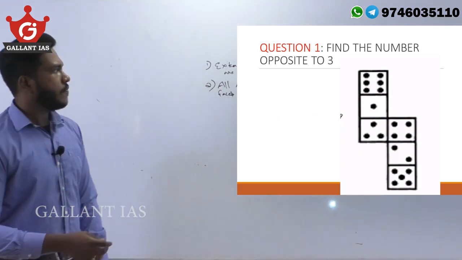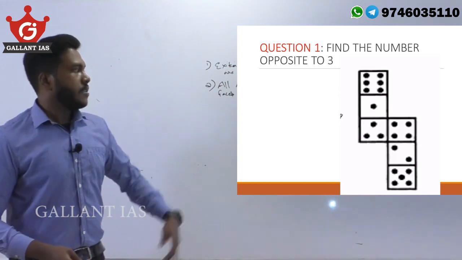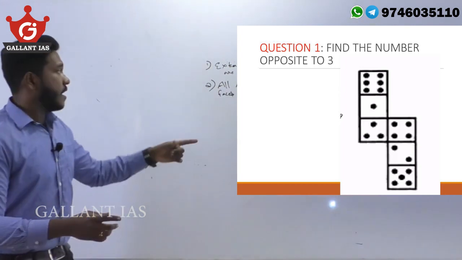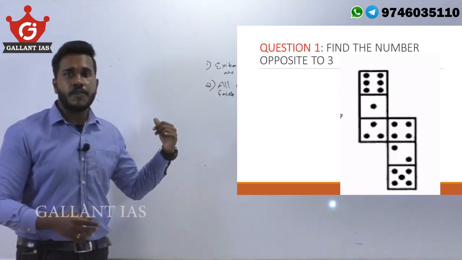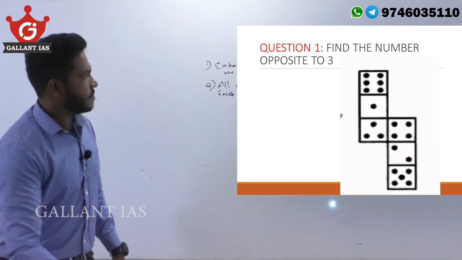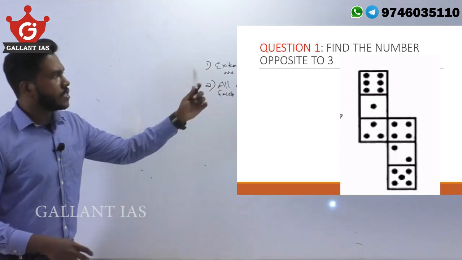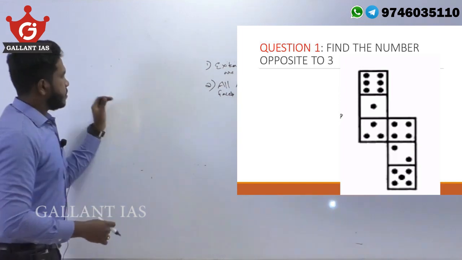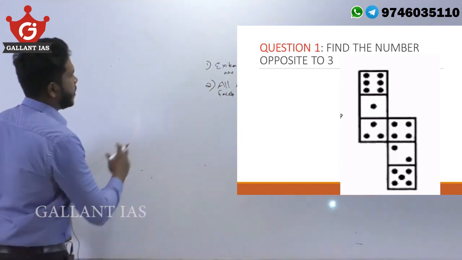Look at the first question. Find the number opposite to 3. This is actually the seventh format, right? That we had dealt with a few seconds before. So our question is to find the number opposite to 3. I'm going to copy down the figure onto the board.